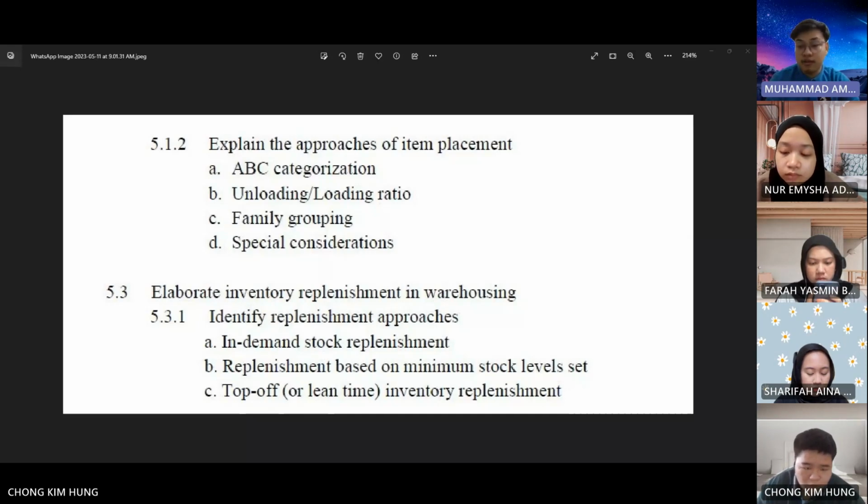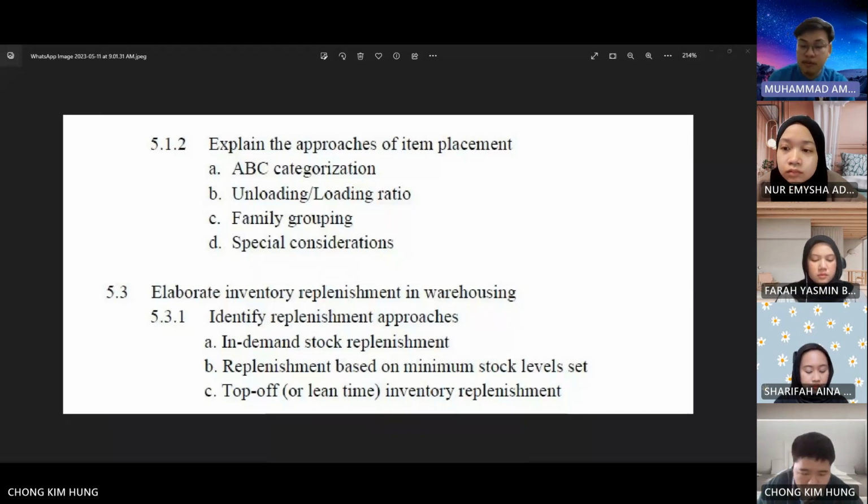The minimum stock level is typically established by considering factors such as customer demand, lead time for restocking, and desired service levels. When the stock level drops below this minimum threshold, the replenishment process is triggered to restore the stock to an acceptable level.